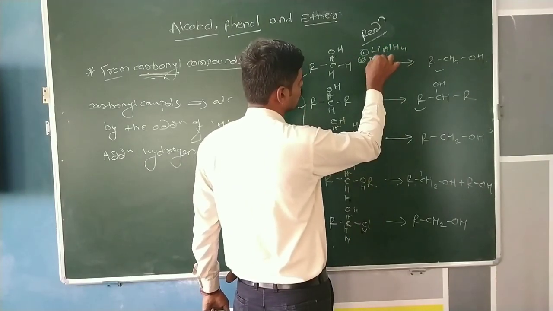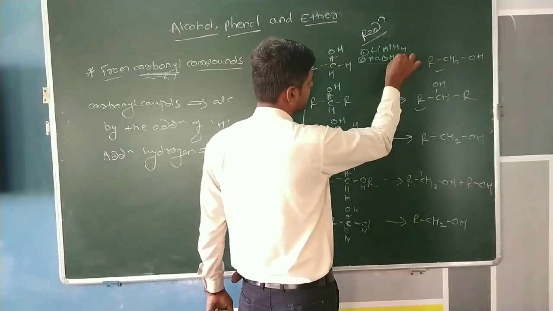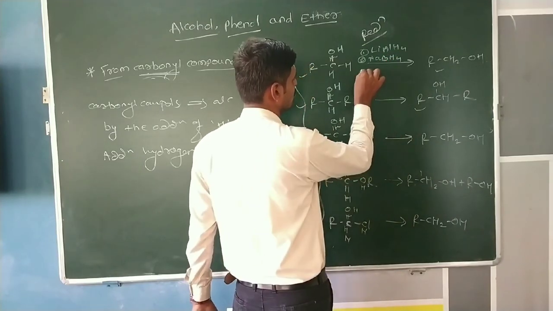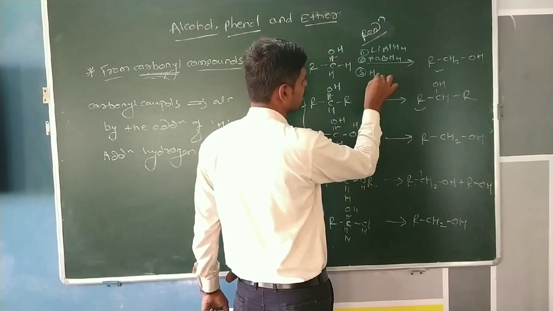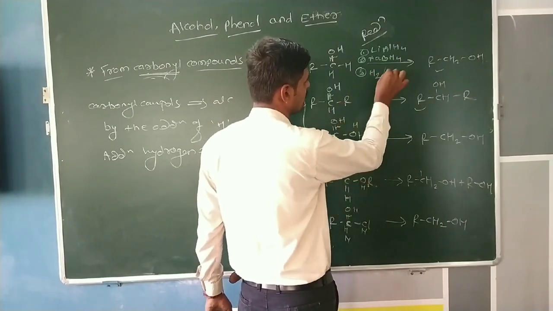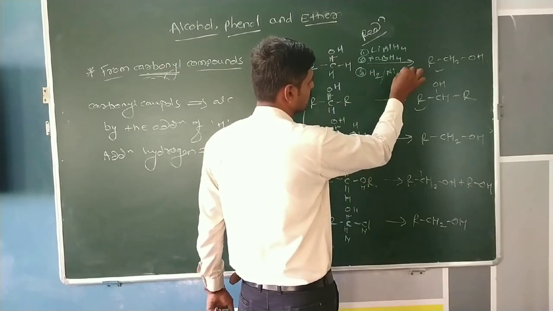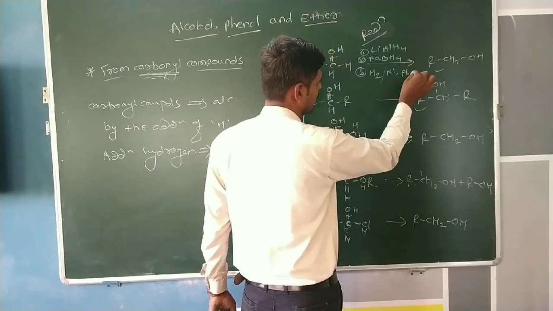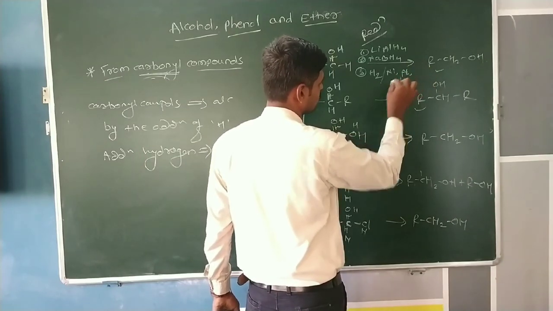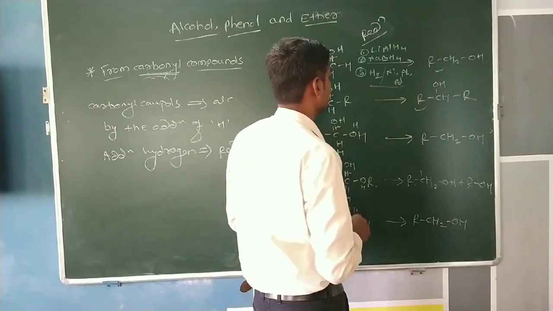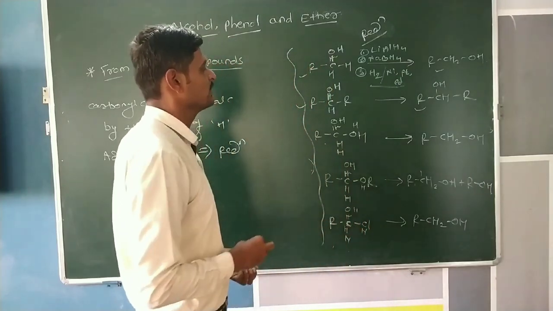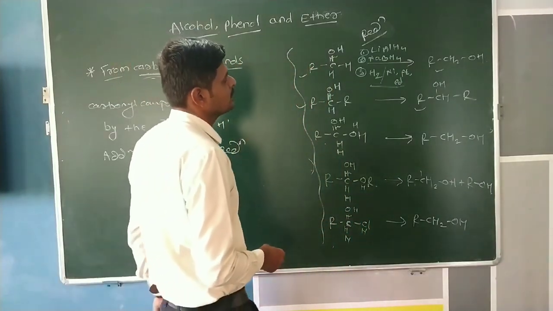The second one is sodium borohydride, NaBH4. The third one is finely divided catalyst in presence of hydrogen, Pt with hydrogen or Pd with hydrogen. These reagents we will study in 11th standard.